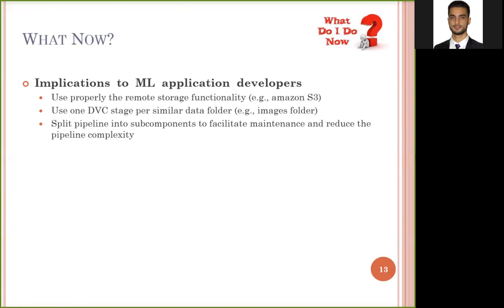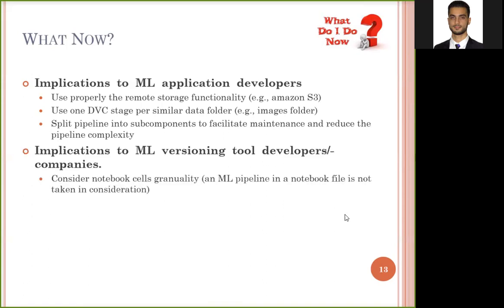And split pipelines into subcomponents, which is better to facilitate the maintenance and reduce the pipeline complexity, because subcomponents are less complex in the pipeline and easy to maintain. Another implication is for the developers.